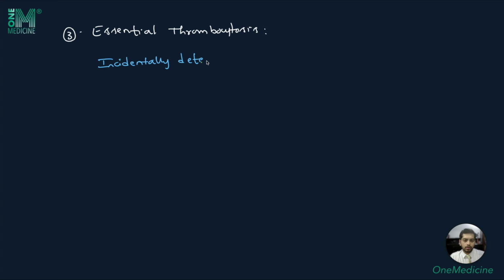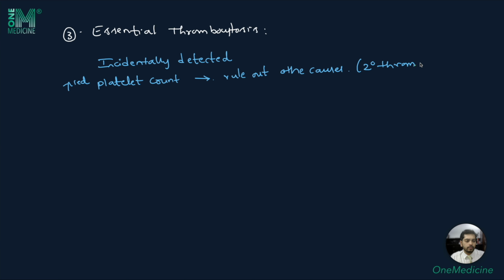The third myeloproliferative disorder is essential thrombocytosis. This is usually incidentally detected, and there are many conditions that increase the platelet counts leading to thrombocytosis. And even in this condition, it is important to rule out other causes or secondary thrombocytosis.